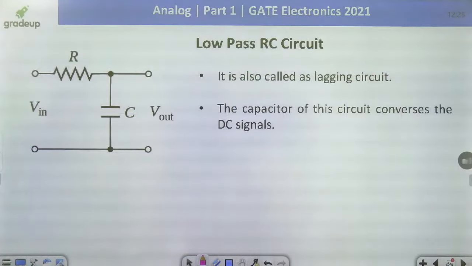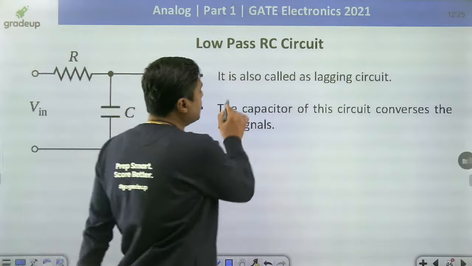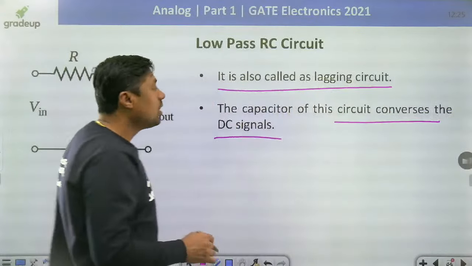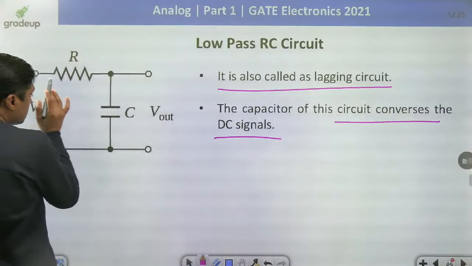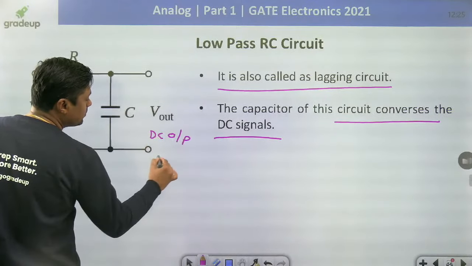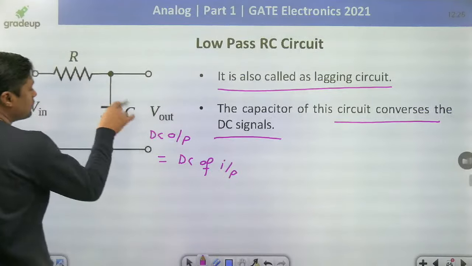Then the low pass RC circuit. The simple low pass RC circuit is also called a lagging circuit. The capacitor of this circuit passes the DC signal. Always remember, the DC of the output is always equal to the DC of the input, because here we are using the capacitor.